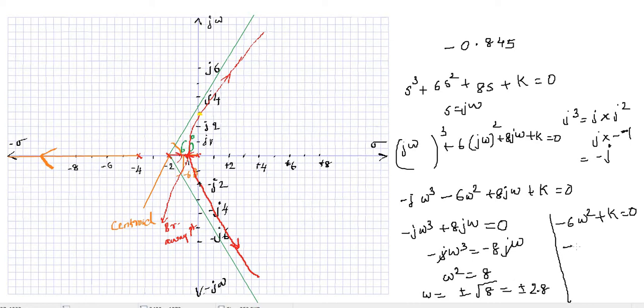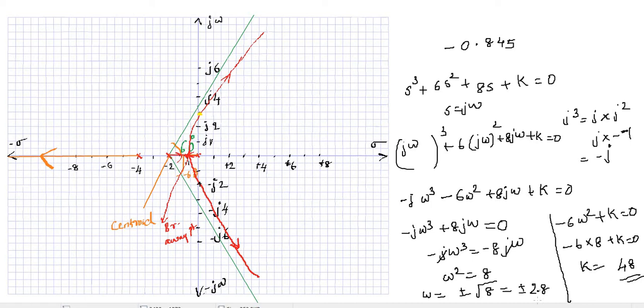Now we can write minus 6 into 8 plus k equal to 0, or k equal to 48. So the value of k at the crossing point is 48. Okay, the value of k, open loop gain, at crossing point is 48.